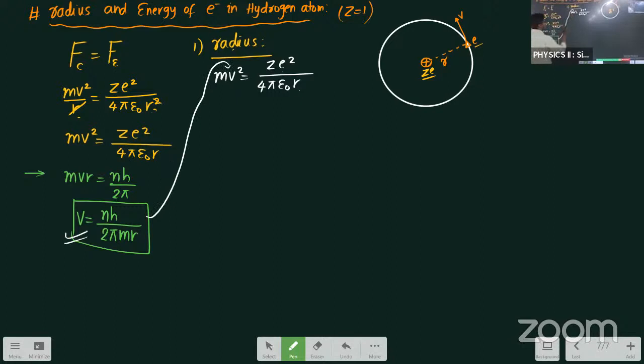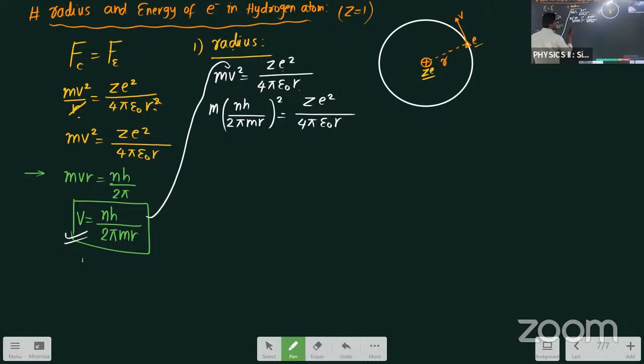If I substitute this value of v here, what will this equation become? It becomes m into (nh divided by 2 pi mr) whole square, equals Ze square divided by 4 pi epsilon naught into r.